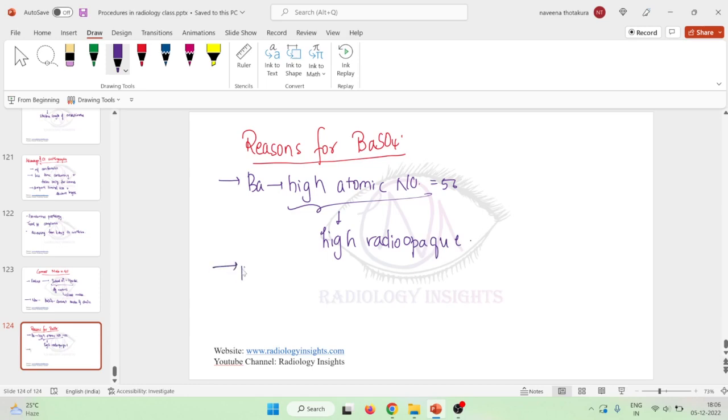Next, barium sulfate is non-absorbable. It is not absorbed into the GI system or into the blood. And it is also non-toxic, so it is not toxic to human beings and can be used as a contrast media. Then it is not soluble in water, and not soluble in lipid also, so it is somewhat inert.